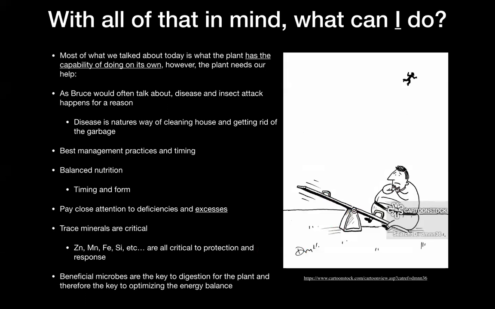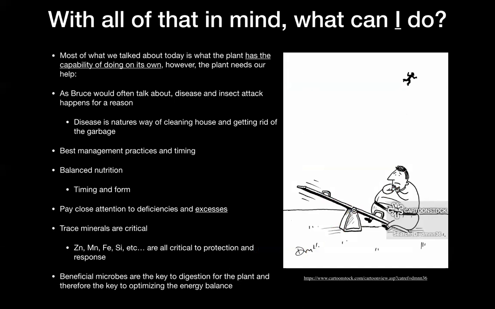Disease is nature's way of cleaning house and getting rid of the garbage. When I have a low energy environment, when I have plants that cannot survive and cannot reproduce effectively, nature wants to get rid of those. They either don't fit the environment or their genetics are not strong enough. So what Mother Nature does is purposefully send in pest and disease to help clear house.